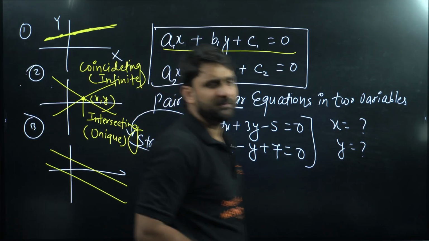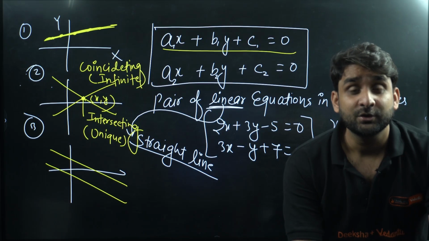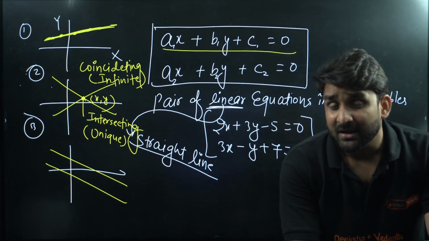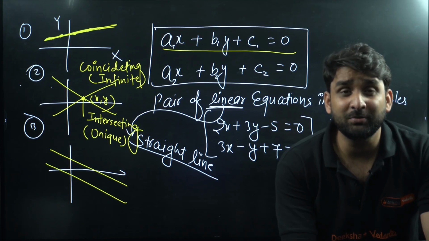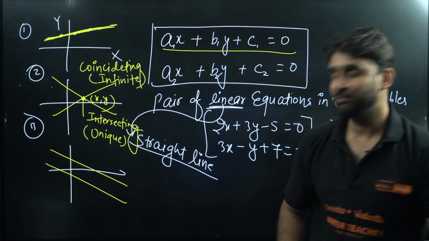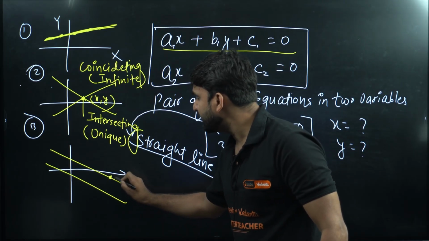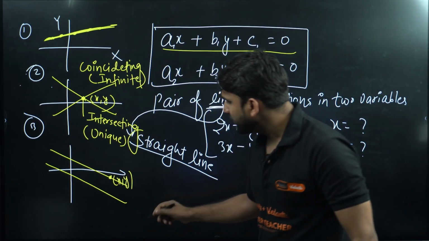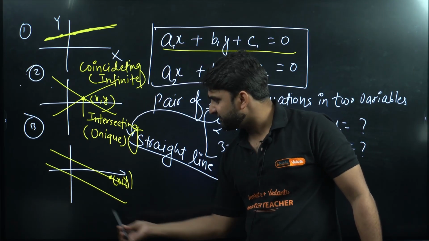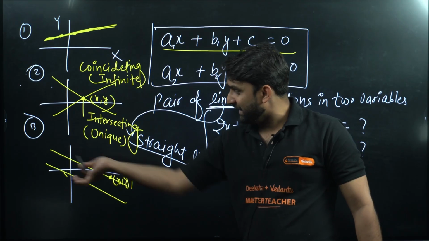And just think, if two lines are parallel to each other, will there be any possibility for x and y that will be satisfying both the equations? No. If you mark a point here, there will be some x and y. Now if I ask you, will this x and y be satisfying this line? No, because this x and y is entirely on the first line.